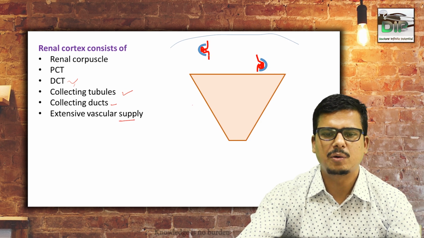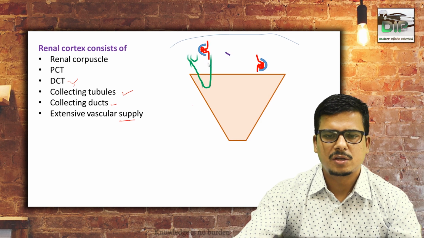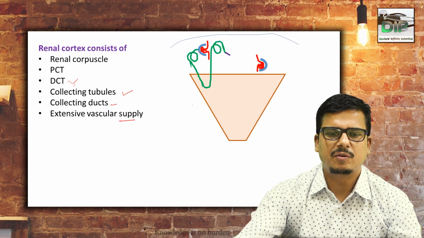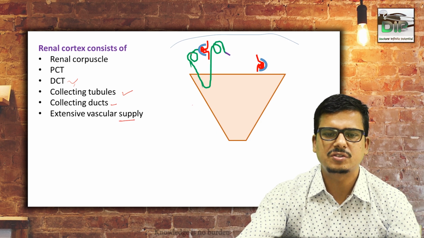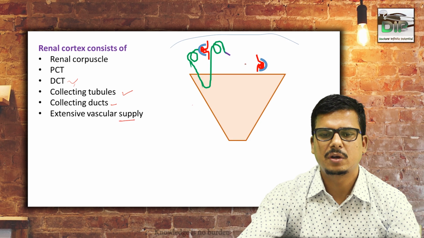We just saw how this forms through the renal artery. Now I am going to form one of the renal tubules. This is the continuation of the Bowman's capsule as the proximal convoluted tubule. Then there is the loop of Henle and the distal convoluted tubule, and the last part is the collecting tubule.